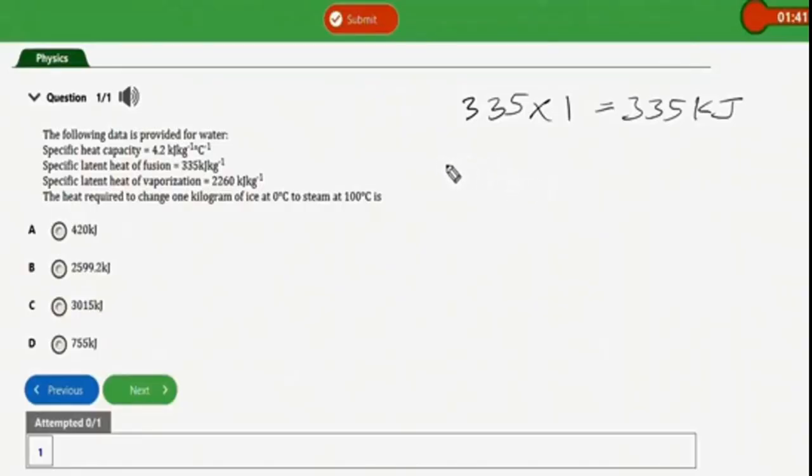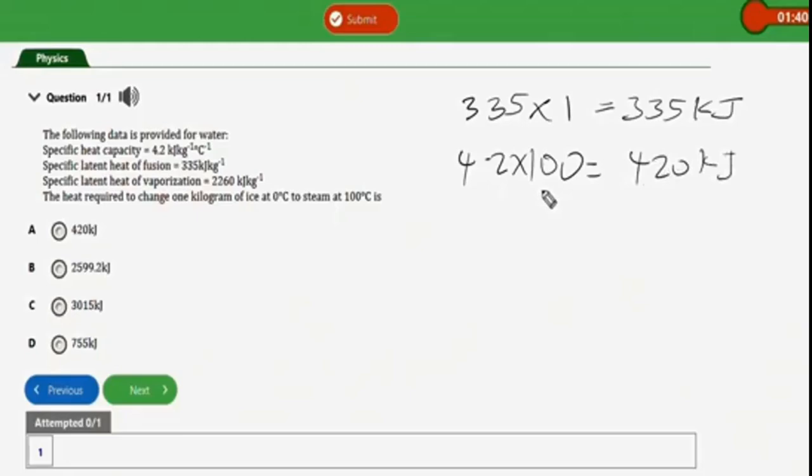So to get the heat to raise the temperature from 0 degrees Celsius to 100 degrees Celsius, basically we're going to multiply this value for specific heat capacity by 100. So when you do this, you are going to get 4.2 times 100. When you punch it on the calculator, you're going to have 420. This time around the unit will now be kilojoule.